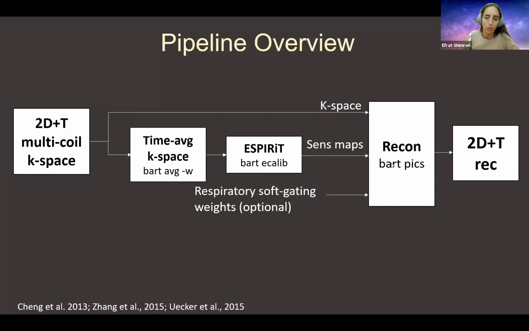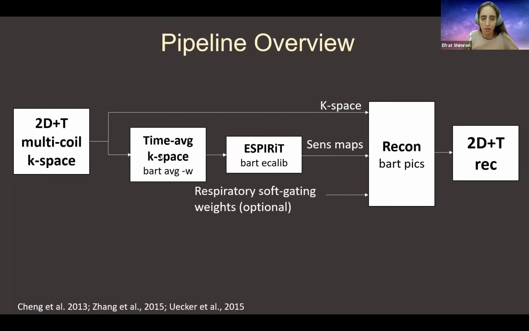But before we can use bart pics, we need to do some pre-processing because bart pics requires these inputs. First, it requires the k-space data, of course, but it also requires the sensitivity maps. In order to compute the sensitivity maps from the data, there is a very practical and simple method. First, we will compute the average of k-space data along the temporal domain.